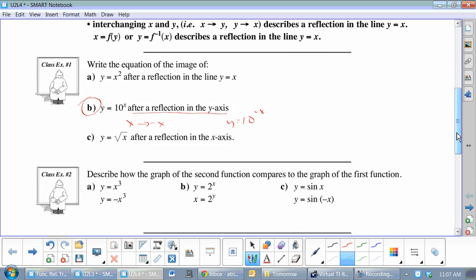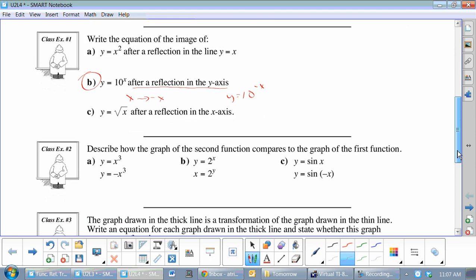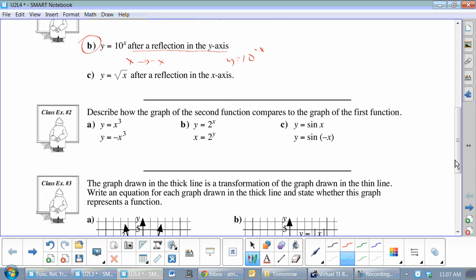Now, let's look at this one here. This is a great question. So, your original, your before and your after. What happened? How did you get from y equals x cubed to y equals negative x cubed?